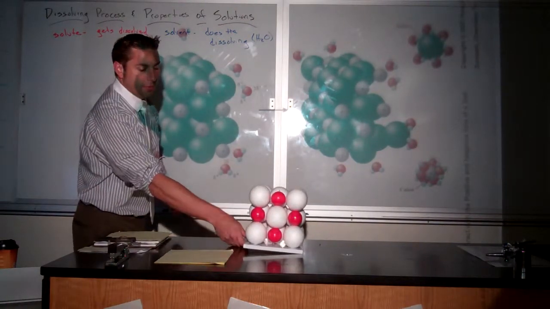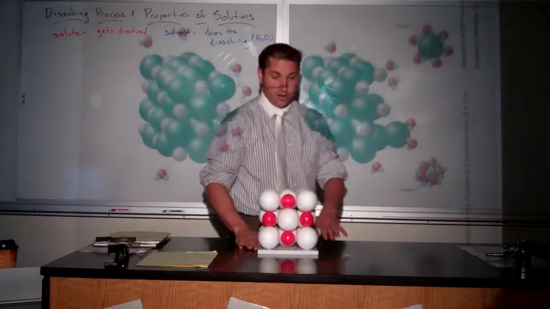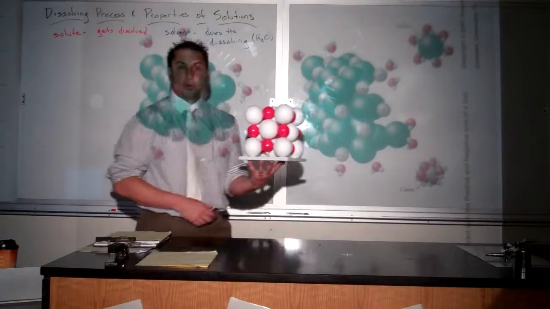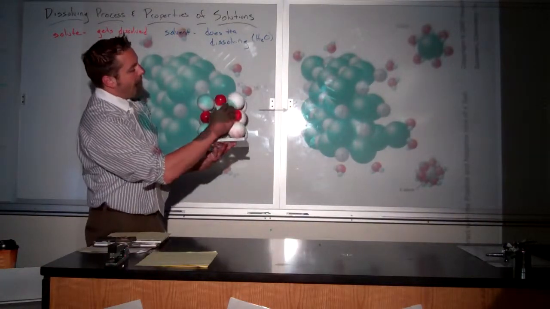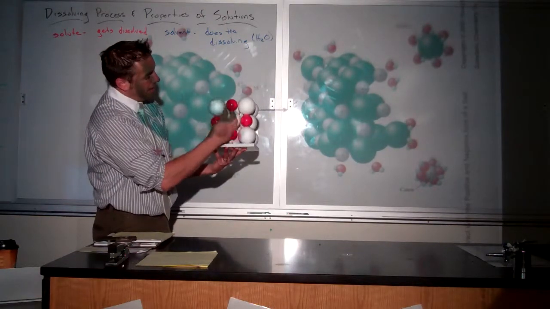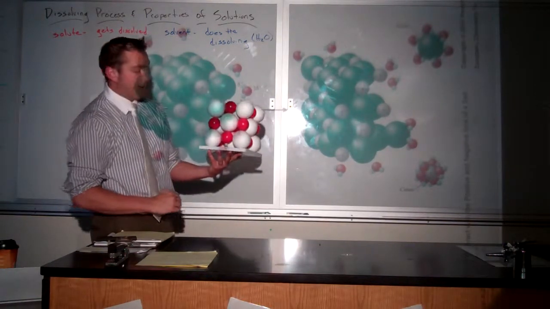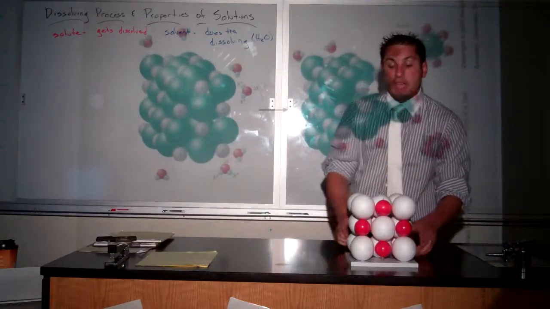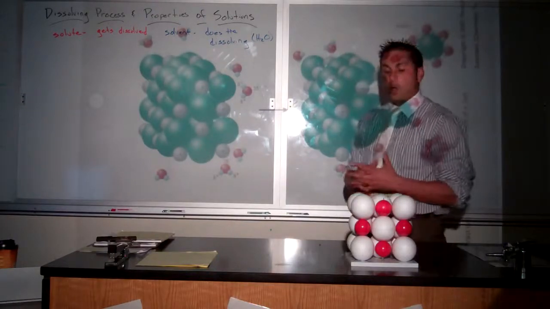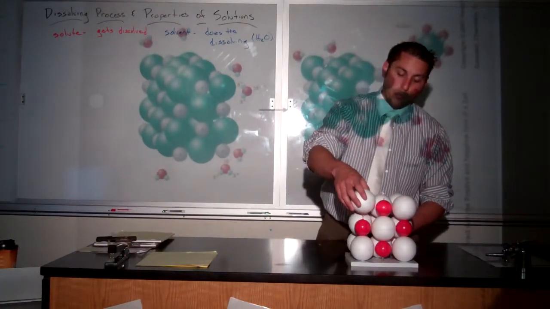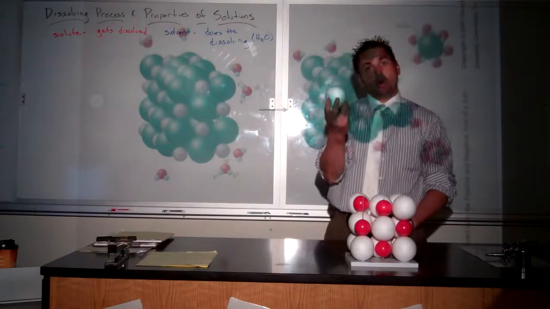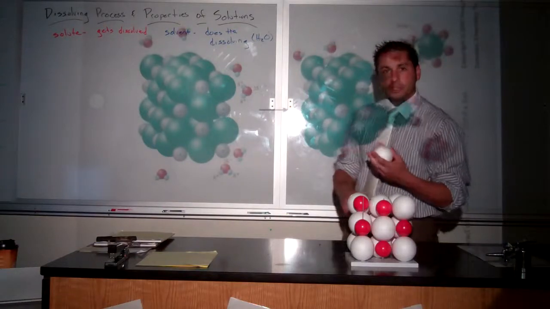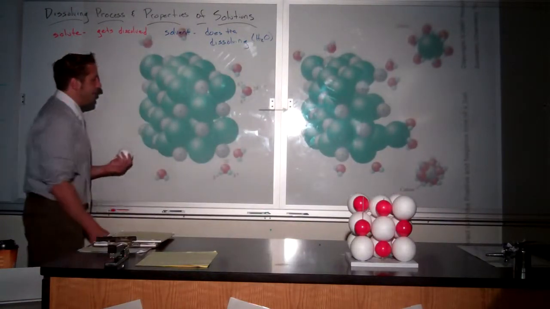Taking a look at some things we've seen before, what I have behind me here is an example of a salt crystal lattice, an ionic compound that has positive cations and negative anions, in a crystal lattice structure, all held together with very strong forces. If we are going to get something to dissolve, we have to find a way to break individual ions off of the crystal lattice. And how that occurs is displayed up here.